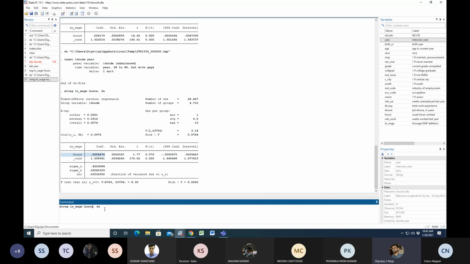So now another thing which I wanted to show you was that when we are estimating a fixed effects regression, you cannot have independent variables in your regression which do not vary over time. Okay, it cannot estimate coefficients on variables which don't vary over time.